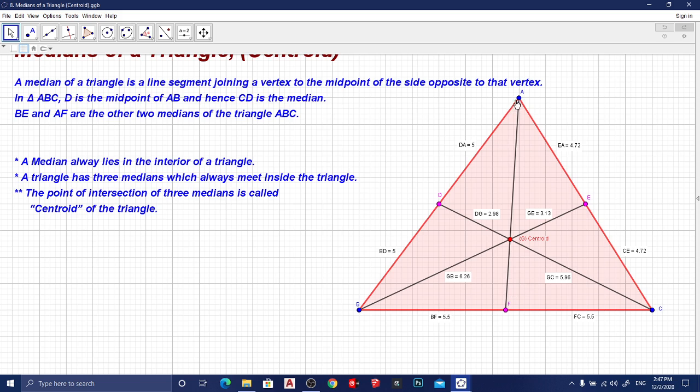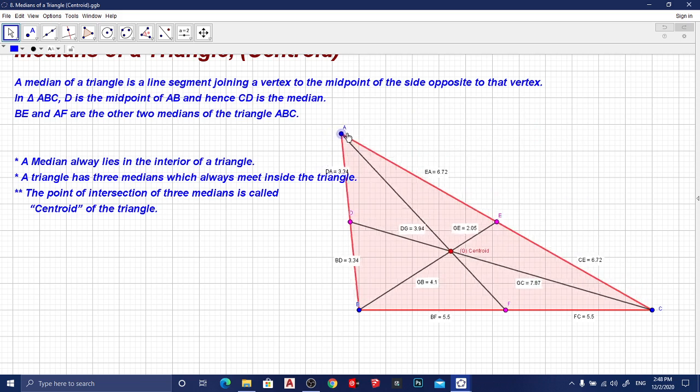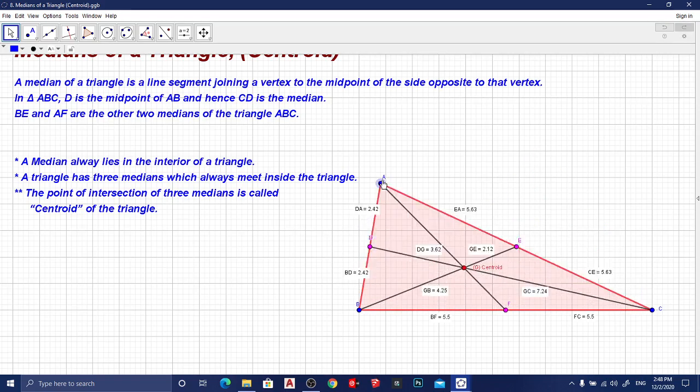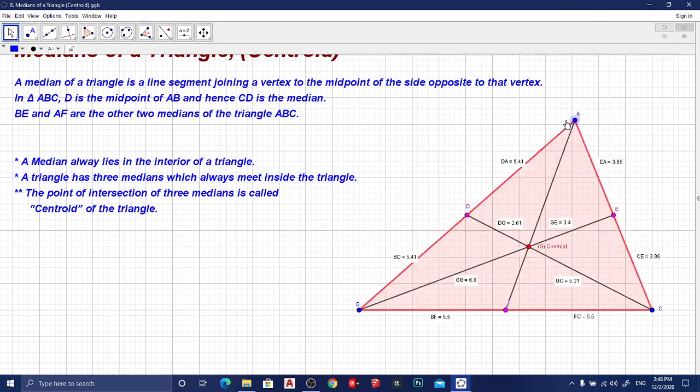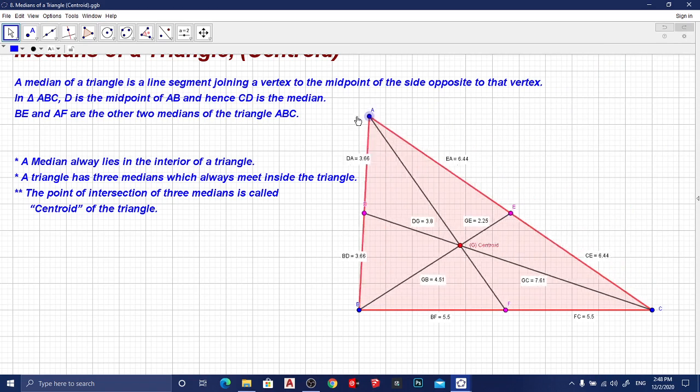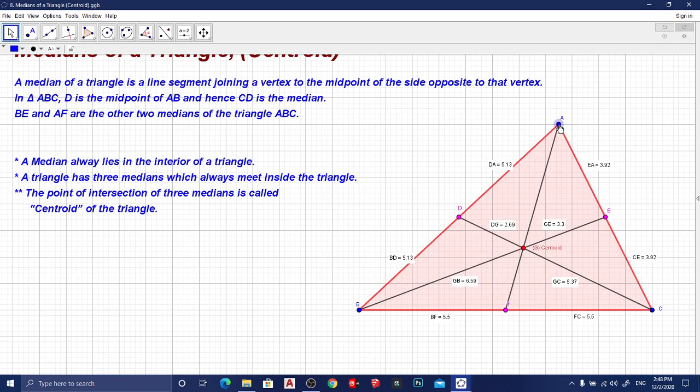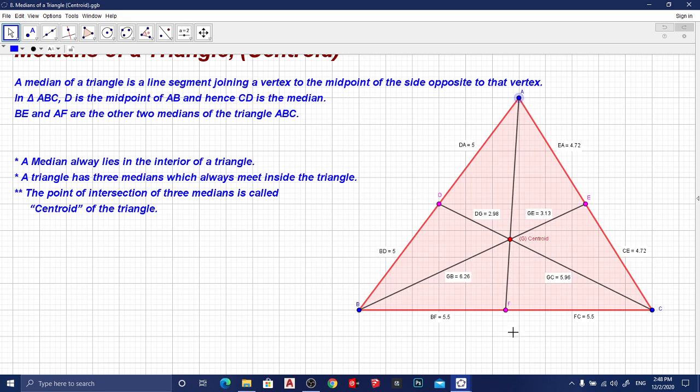Even though we change the shape of the triangle, all the medians are lying in the interior only. They are not going outside anywhere. They just move along with the triangle.